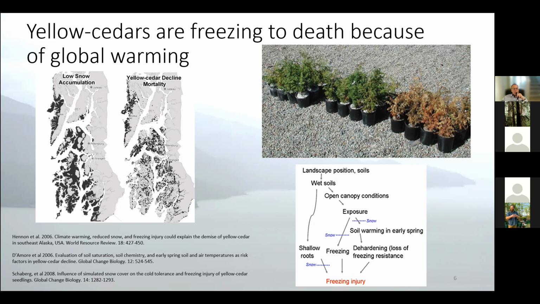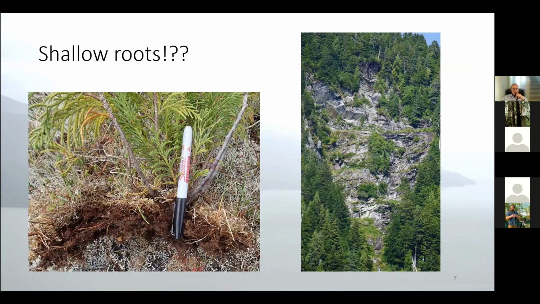But this is not the only risk factor. Vanessa has looked extensively at Haida Gwaii and the decline that happens there too, also with historically no snowpack in much of the areas. So shallow roots, is that really true? It's hard for many people to believe that they would have such shallow roots that they would be exposed to freezing damage from cold snaps.